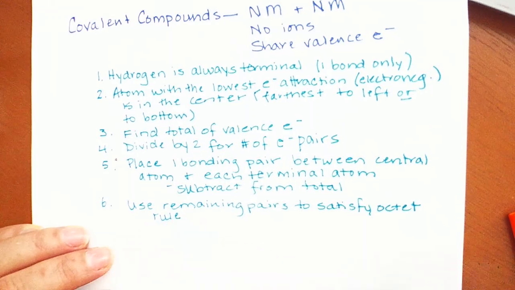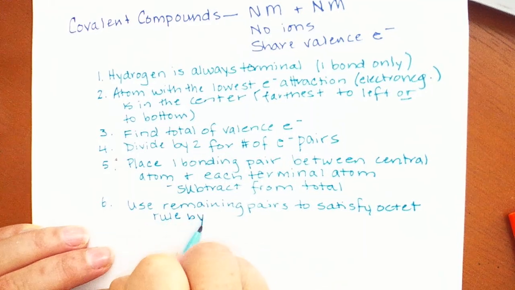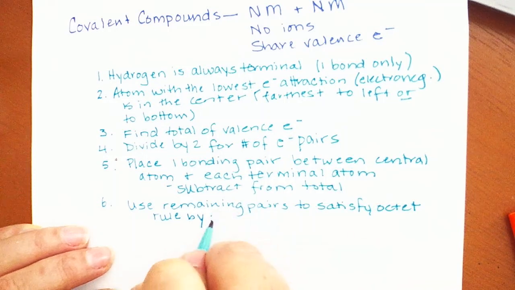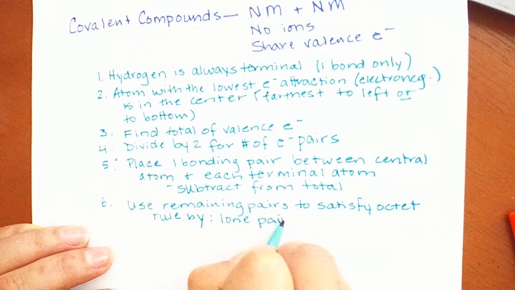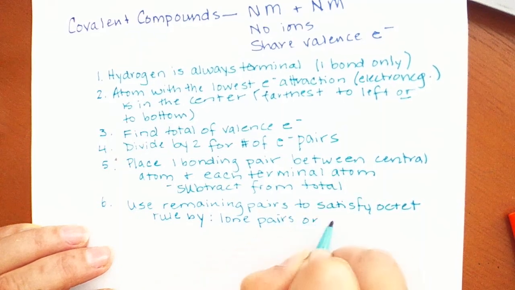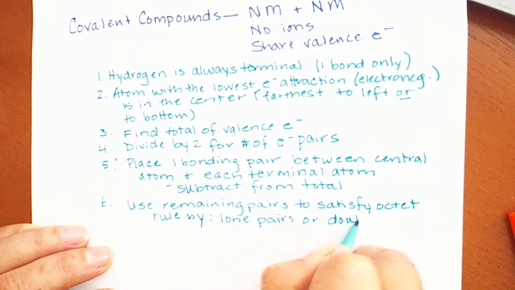So they can be lone pairs, or double or triple bonds. And I'll show you how to do that.